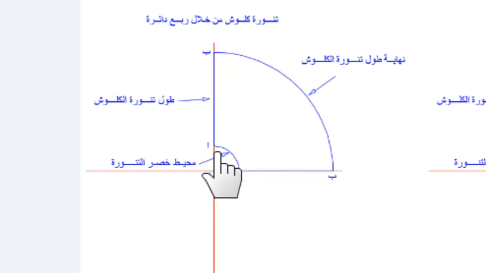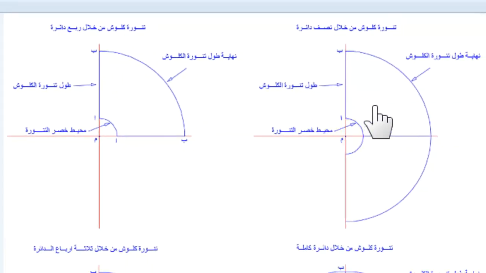This is the circulation of the waist. And AB represents the height of the skirt. And this outer circle is far from the center till the end of the skirt. So this first status is by the quarter of a circle.